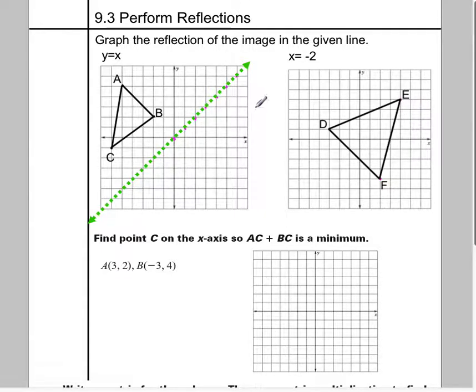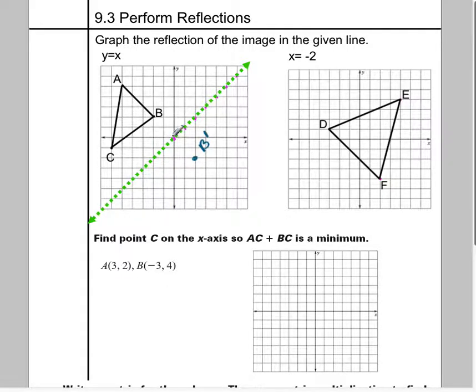And now, since this line doesn't go straight up and down, or straight left and right, we need to count the distance to it in a perpendicular way. So we need to count diagonals. B is 1, 2 diagonals. So I need to go 1, 2 diagonals. This is how I do it. Now you could use the rule: when you're reflecting in the line y equals x, the x and the y switch.